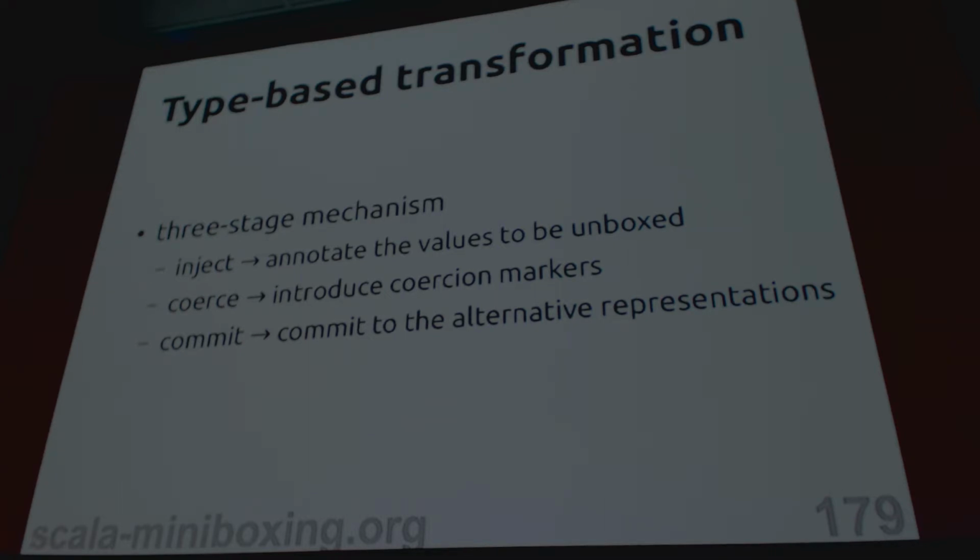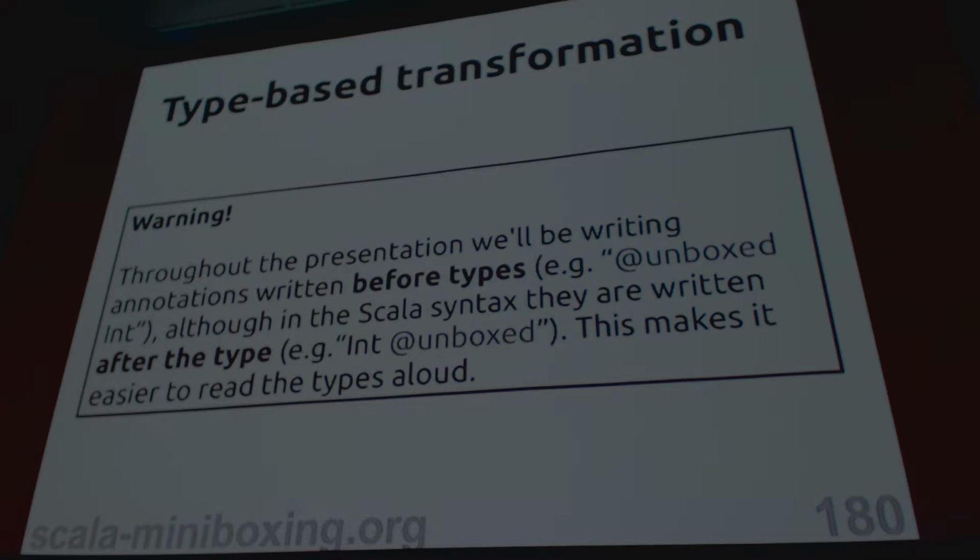And then we introduce another phase, which is called coerce, which just introduces markers for coercions. What this means is not coercions yet, but just some snippets of information that there will be a coercion there. Finally, the commit phase translates the tree from something that has markers and annotated types that will become new representations to the actual representations, to the actual coercions. Okay, so let's see this in practice.